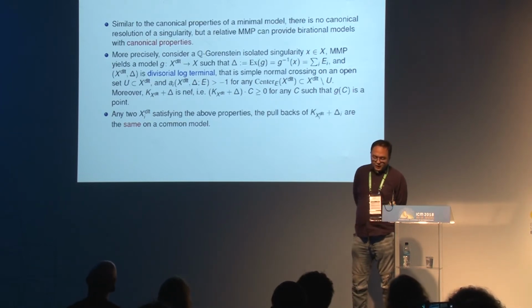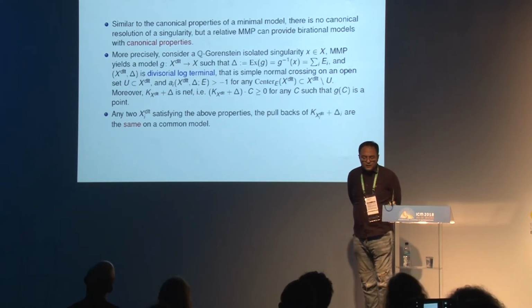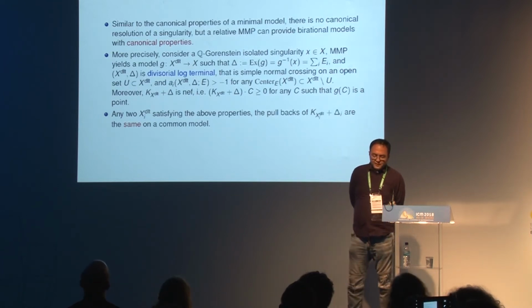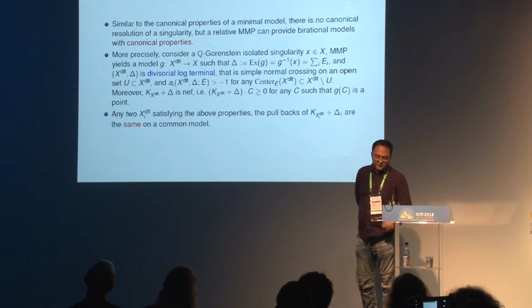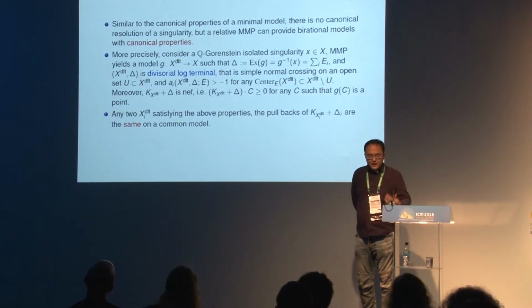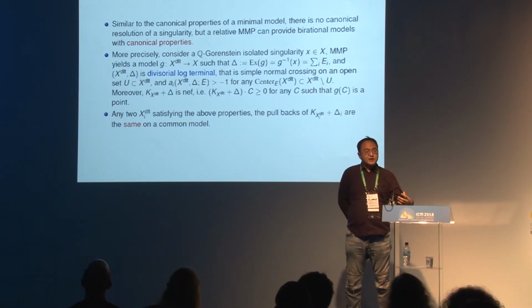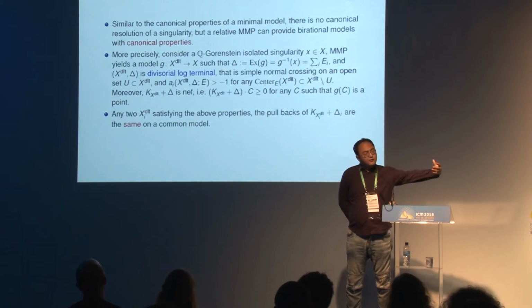So now I come to the first theme. Remember that the minimal model usually is not smooth, but it has some canonical properties. So here we can apply a similar idea to resolution. Let's say I start with a resolution and run a certain kind of relative minimal model program.